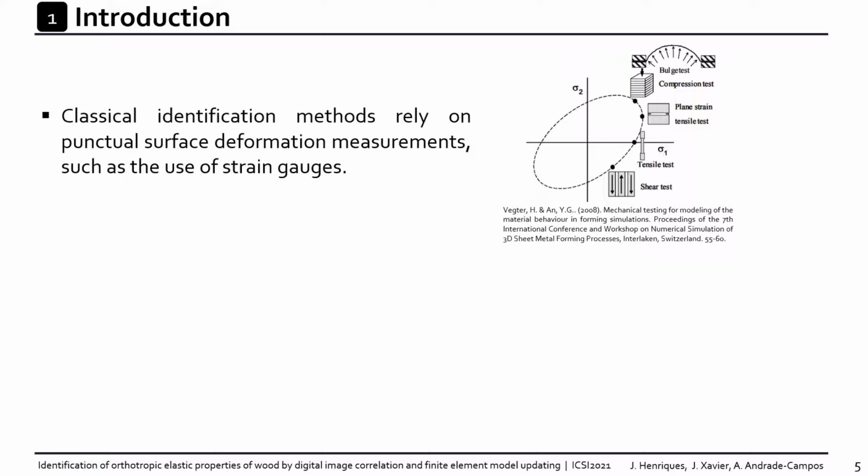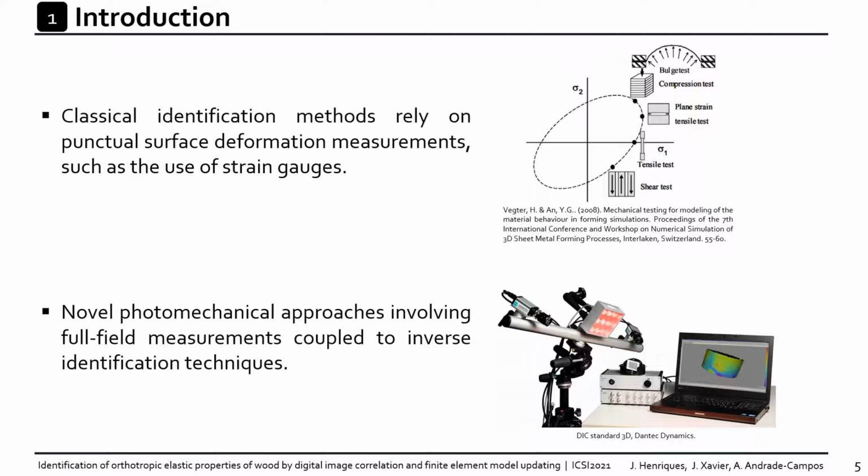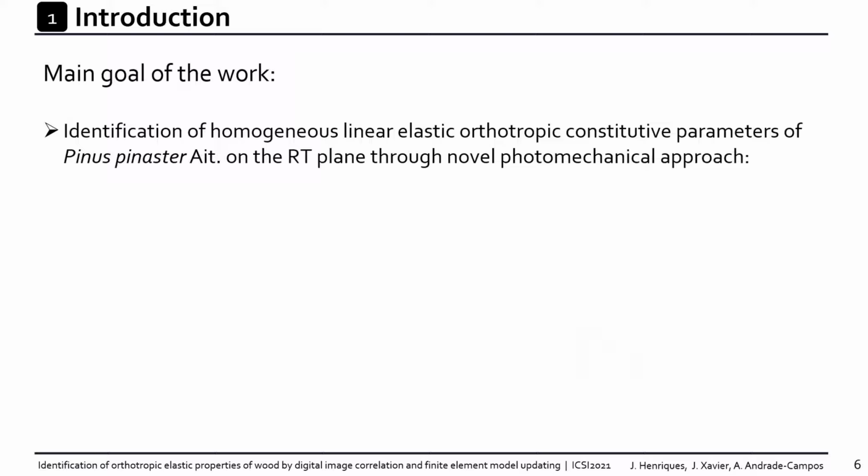However, as the number of experimental tests and material parameters grow, it becomes increasingly difficult to identify these in an exploratory manner. Novel optical methodologies like digital image correlation can provide full field measurements, and when coupled to inverse identification techniques, for instance the FEMU or VFM, they have the potential to reduce the number of experimental tests required to accurately identify the material properties.